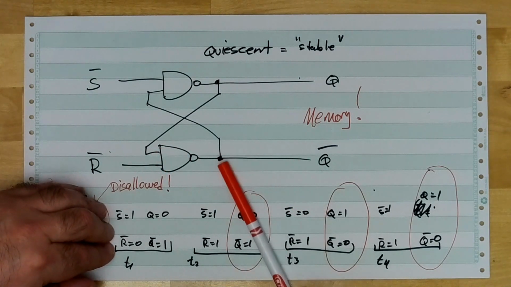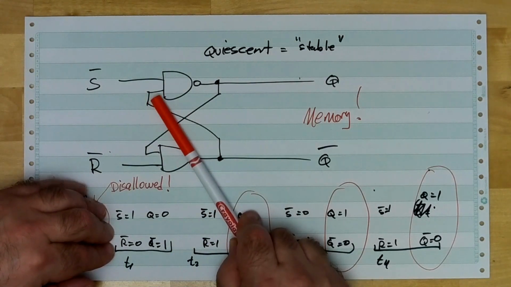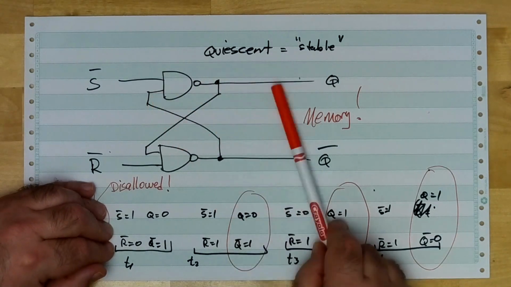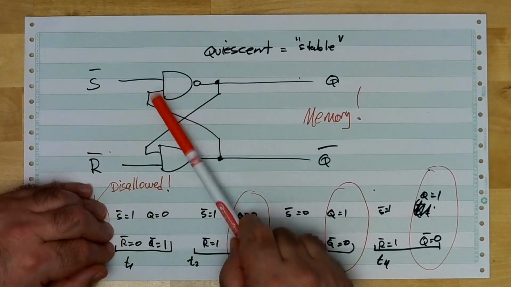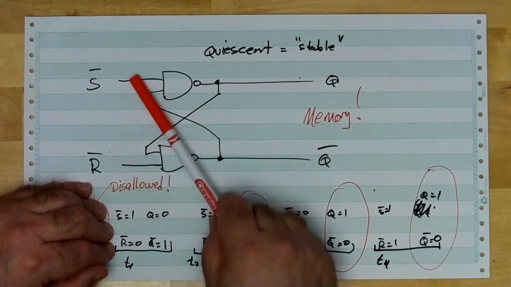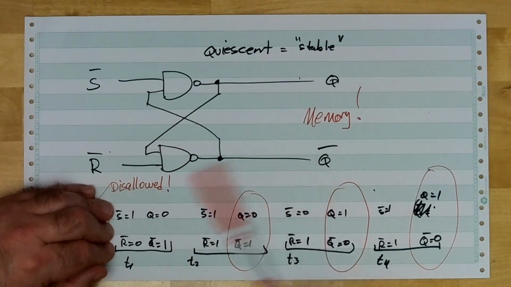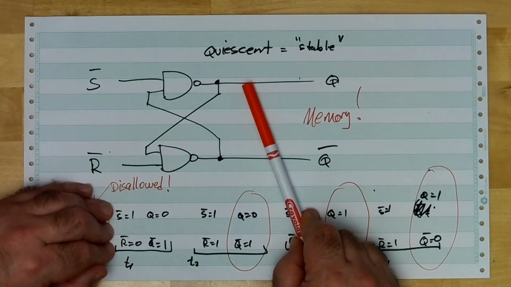At that point in time, you can tell what this other previously indeterminate value was. Now you can calculate what Q should become, because you now have a known here, and these are both known. And if S bar is a 1 and Q bar becomes 1 no matter what, which it has to because of this, we have 1 NANDed with 1, which means Q must then become 0.